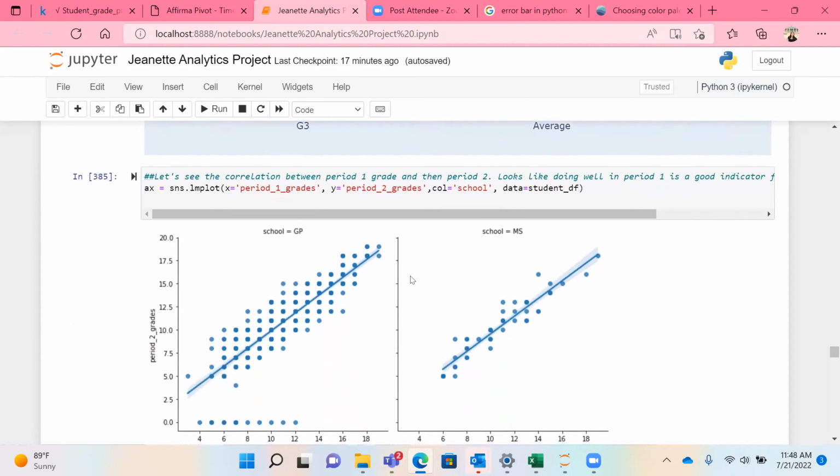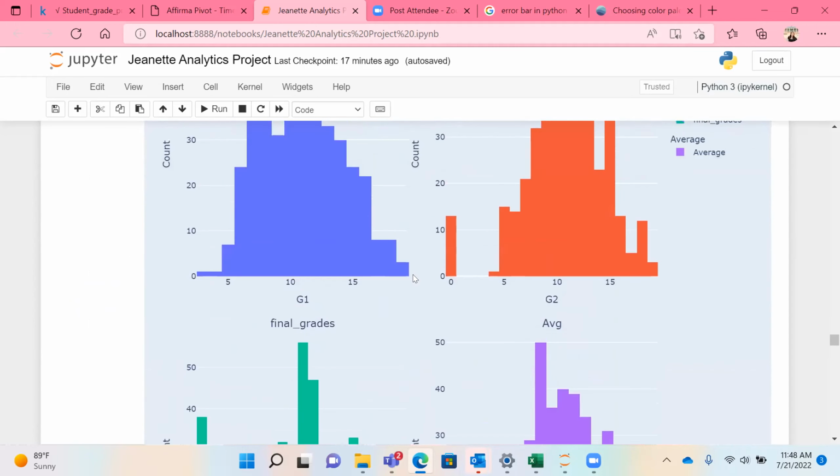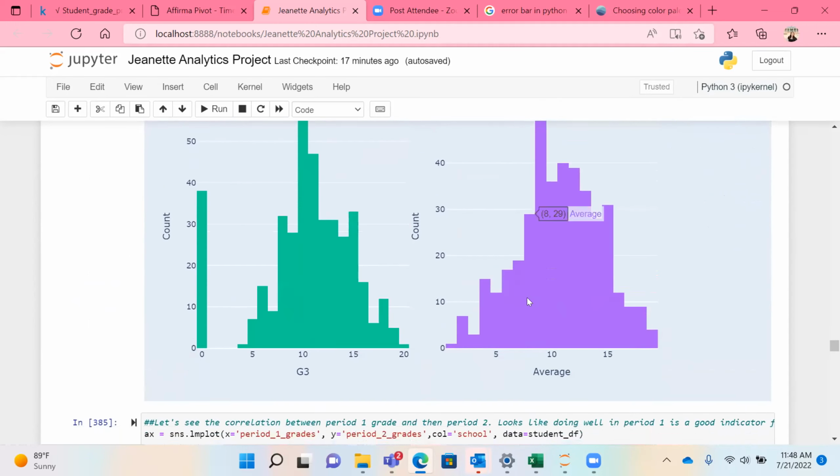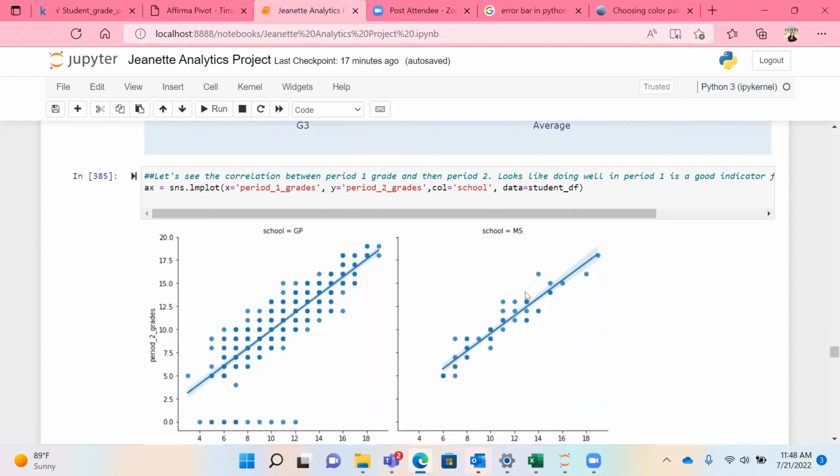Yeah. Cool. And since I saw so much trend in these, I really wanted to create some scatter plots. So I broke them up between the schools. I found that more people go to the school on the left, and that's why I wanted to break them up, just to see if they were different in any way.